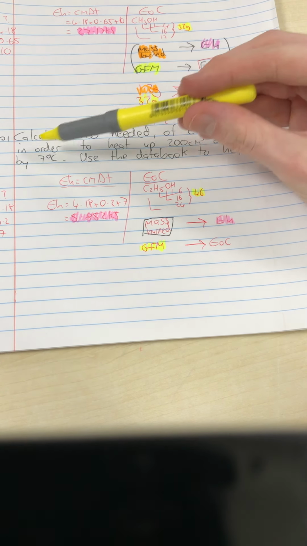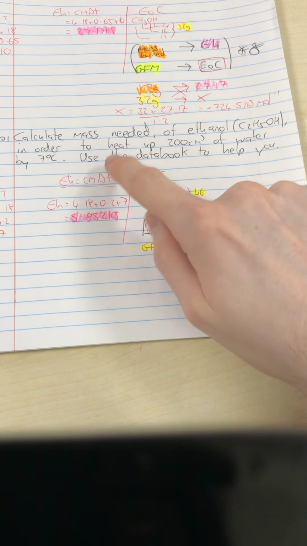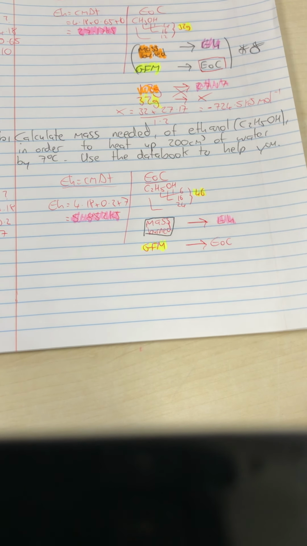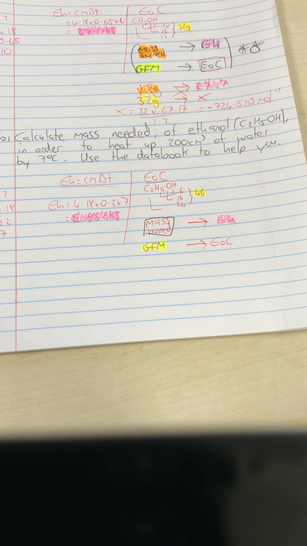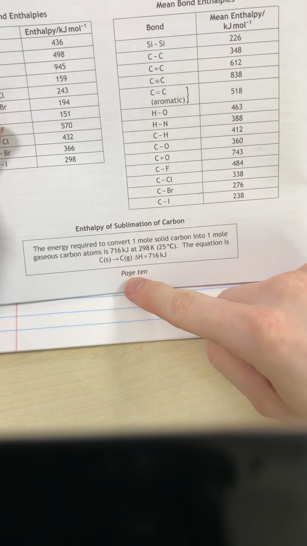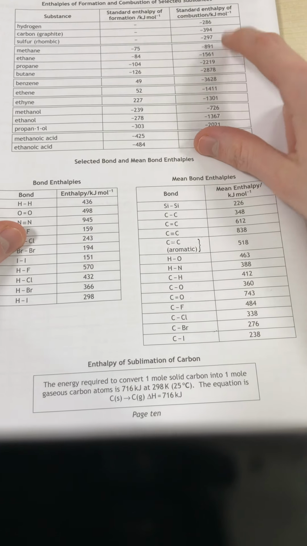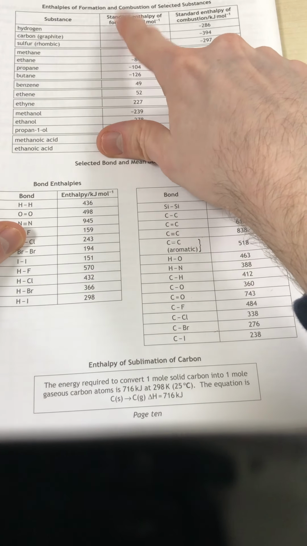Yeah, but look at the question, it doesn't say anywhere what the enthalpy of combustion is. However, what does it say? It says use the data booklet to help you. Now, you should know that on the data booklet, the enthalpy of combustion values are on page 10. Okay, they're at the top. So that's the standard enthalpy of formation.